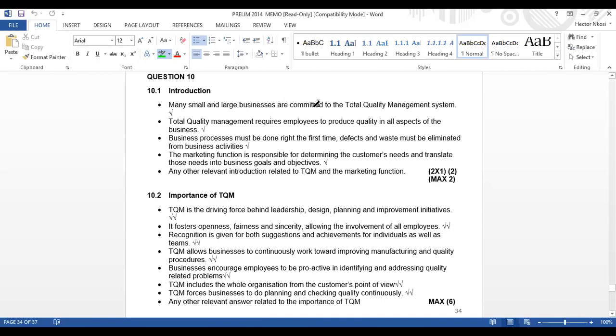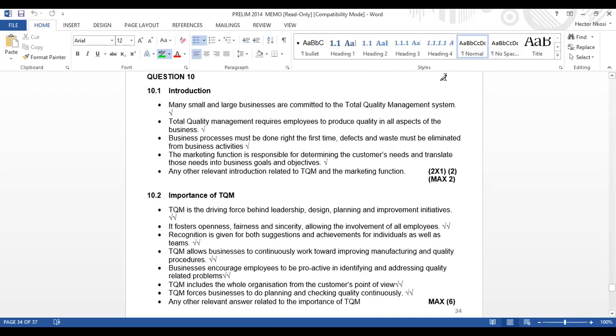So let's read these introductions. Many small and large businesses are committed to their total quality management system. So in your intro, you must talk about what the examiner asked you in that case study. The examiner told you that the business wants to implement what? Your total quality management.